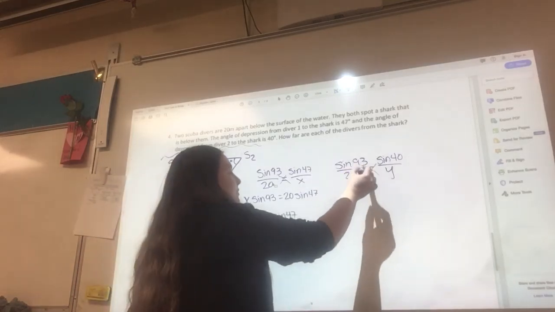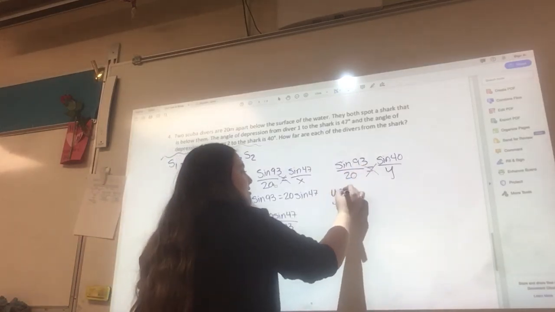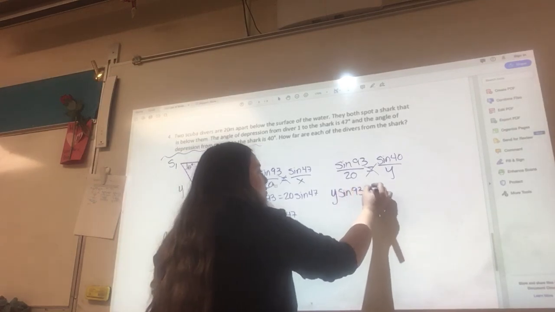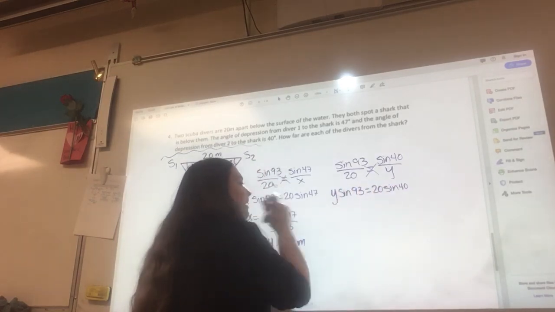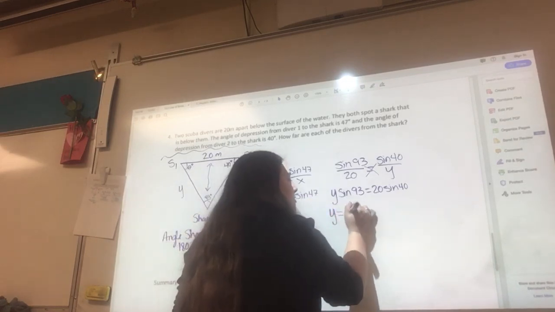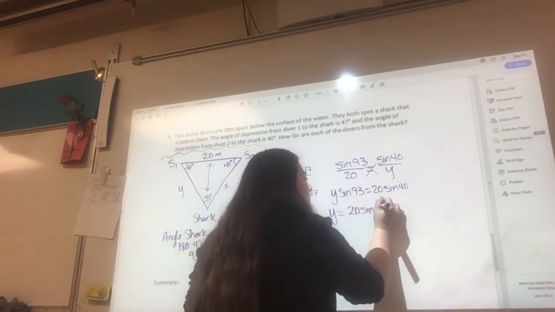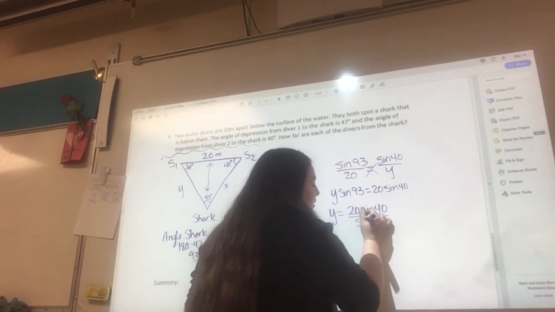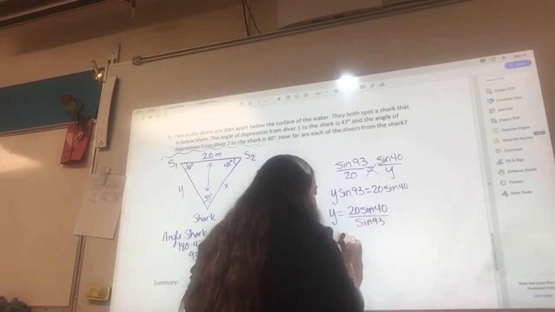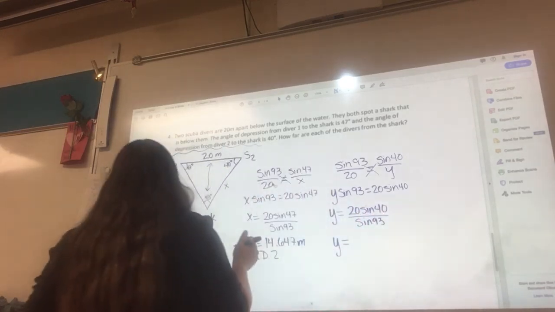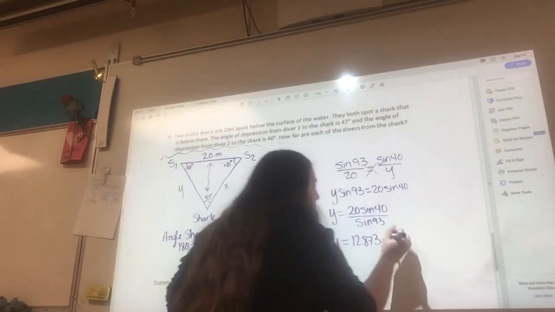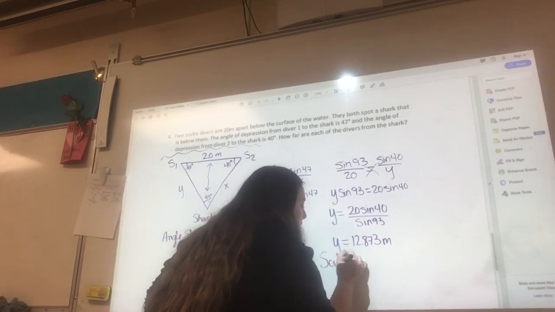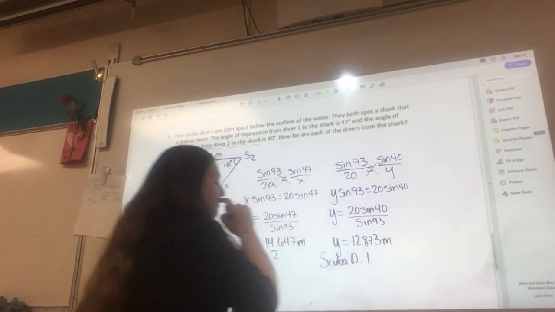So we cross multiply, we see y sine of 93 equals 20 sine of 40. We divide by sine 93, so we get y equals 20 sine of 40 divided by sine of 93. And when you plug that into your calculator, y is 12.873 meters for scuba diver 1 away from the shark.